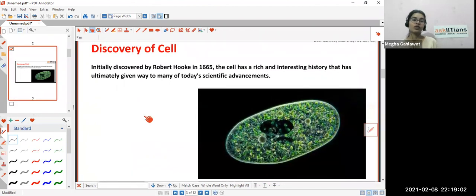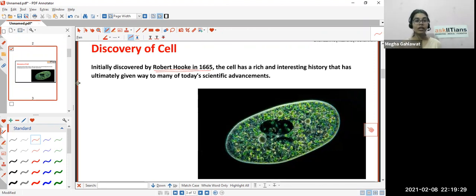The first person to actually see the cell was Robert Hooke. Guys, names of scientists are sometimes direct questions in exams, like the Olympiads or the higher exams that you will be studying. It was Robert Hooke in 1665 who managed to see a cell for the first time in history.